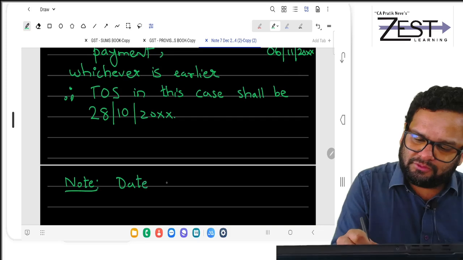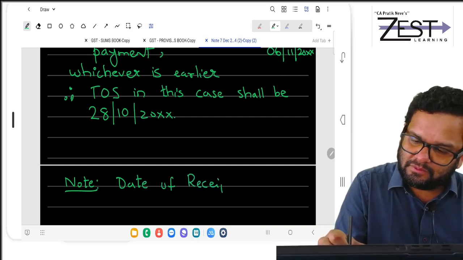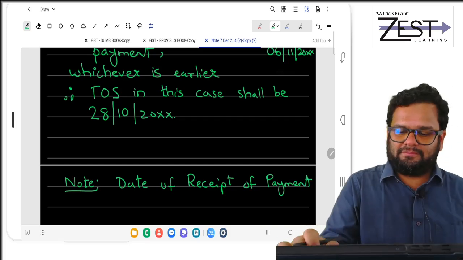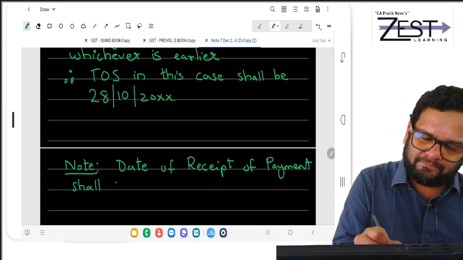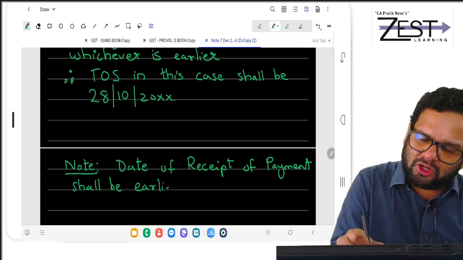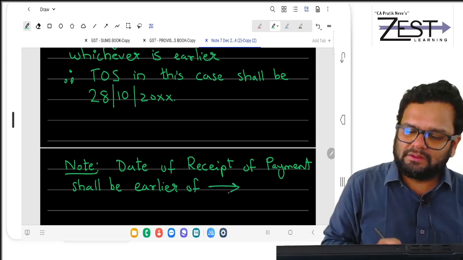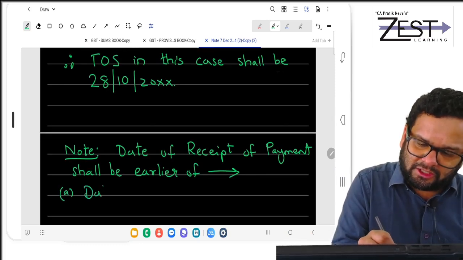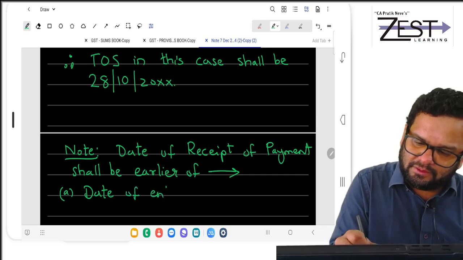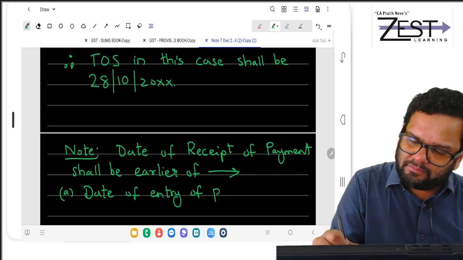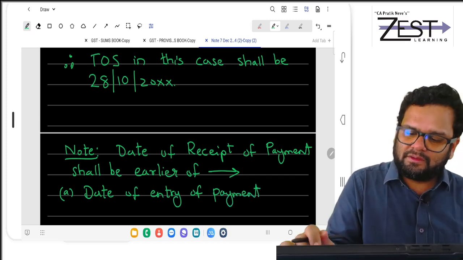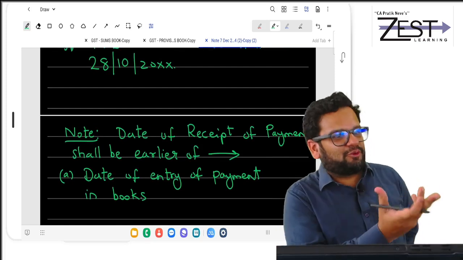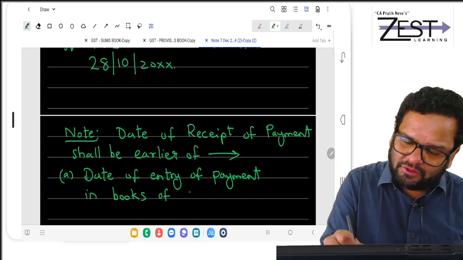So date of receipt of payment shall be earlier of, yes friends, earlier of what? Date of entry of payment in books of who is getting the payment. So in his books. So date of entry of payment in books of supplier.